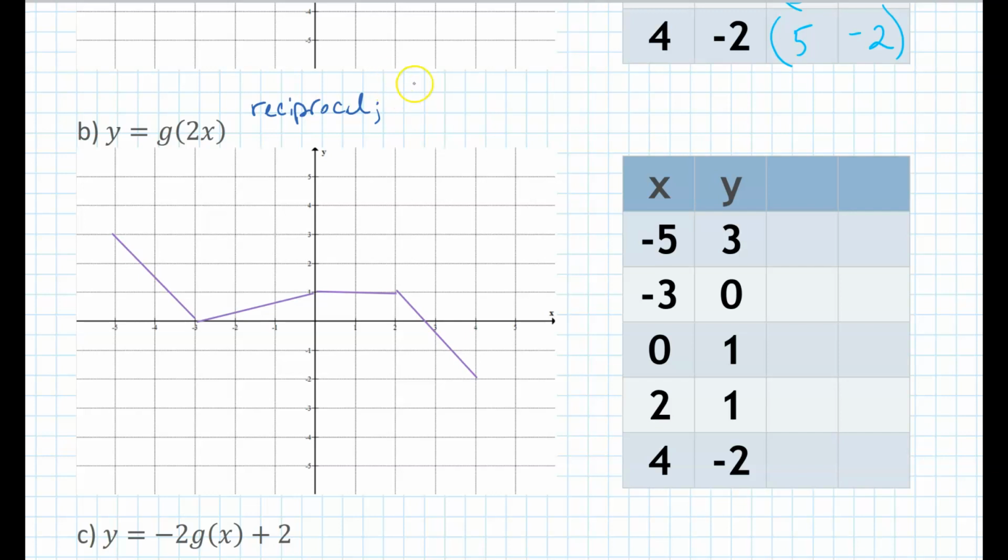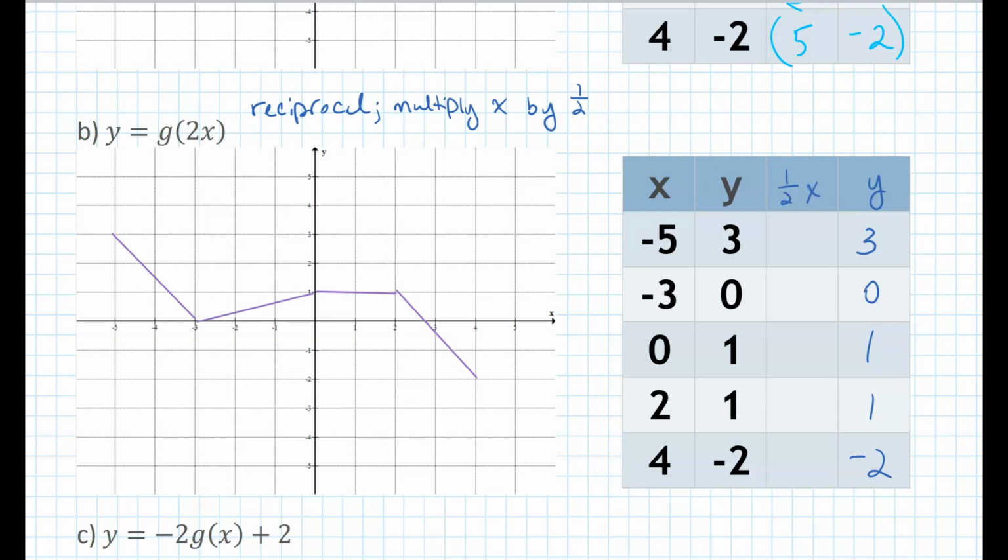So we are going to multiply our x values by what? 1/2, yes, just the reciprocal. Again, our y's aren't going to change, so I'm going to repeat my y's again: 3, 0, 1, 1, negative 2. And my x values, I'm going to multiply by 1/2.